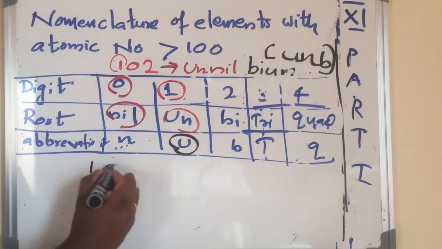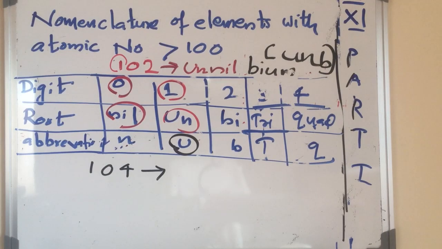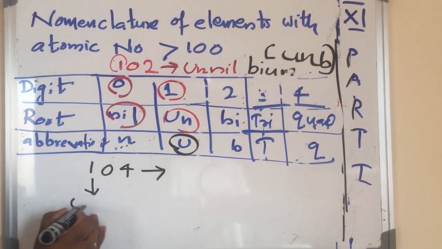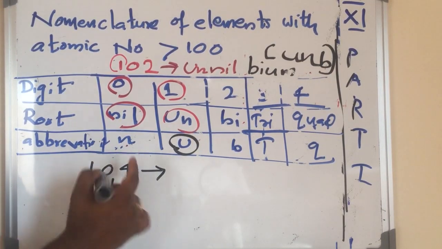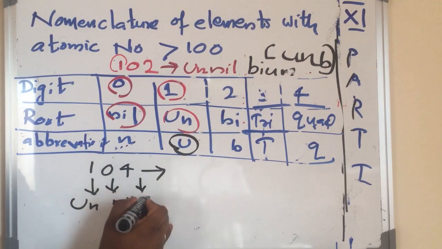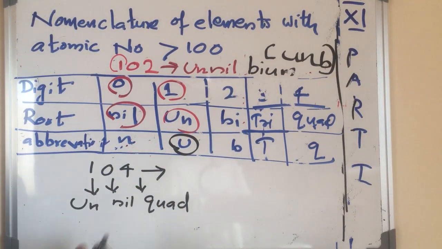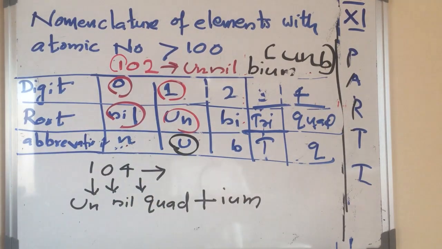104. How to write 104? For 1, un. For 0, nil. For 4, quad. So un, nil, quad. And as I said, add ium.